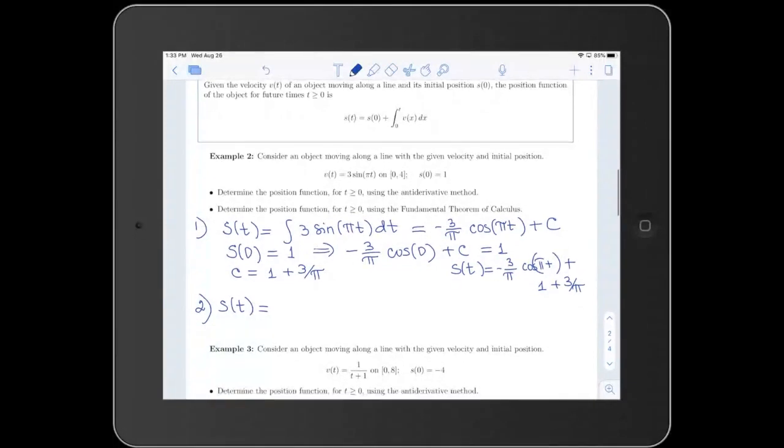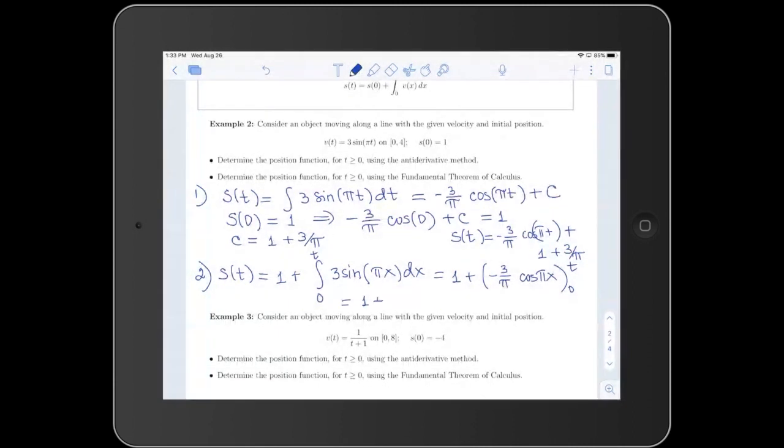Okay, so S of 0, that would be 1 plus the integral from 0 to t of 3 sine of pi x dx. Okay, so this is 1 plus the antiderivative, we know what that is, negative 3 over pi cosine pi x, and then we go from 0 to t for the evaluation.